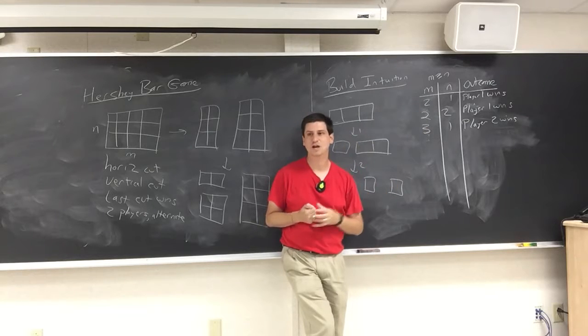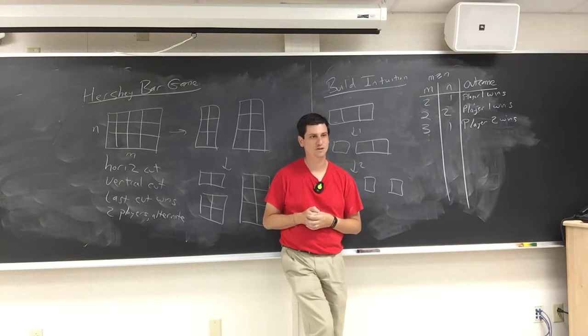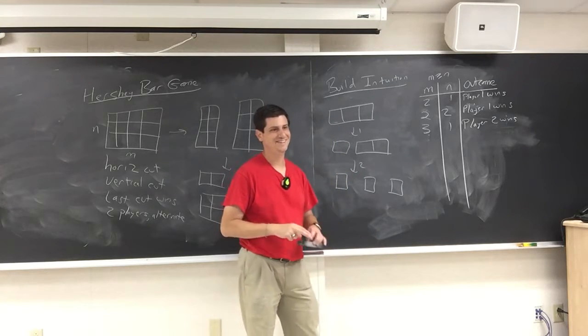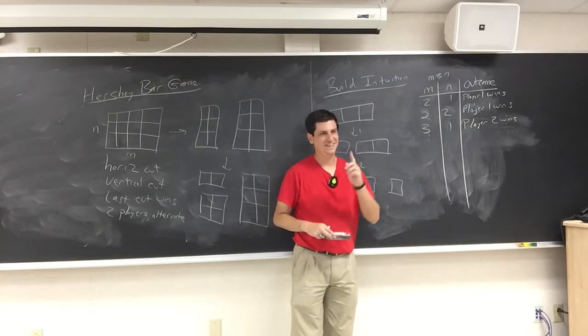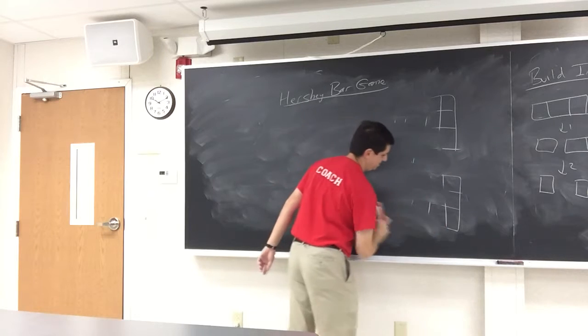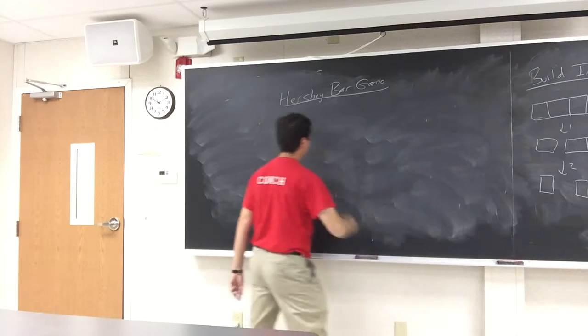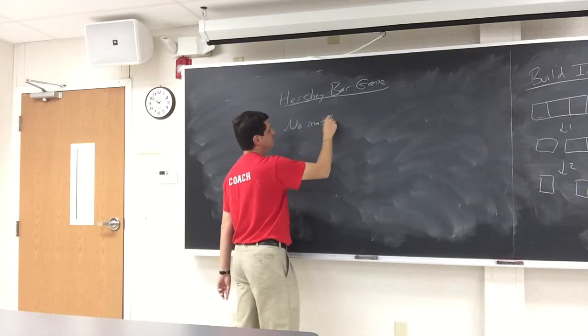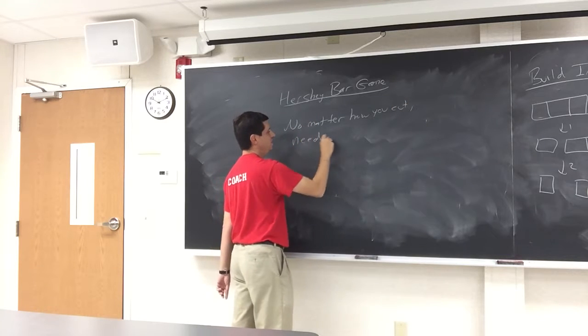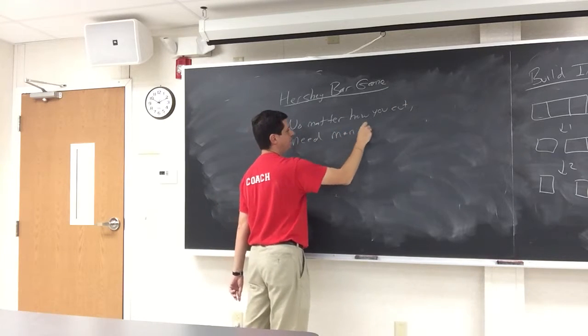So let's imagine, in the interest of time, we've done that. Anybody want to give me a guess as to how you would prove that if the product is even, you win? If the product is odd, the first person loses. I think there's some proof that it takes n times n minus 1 cuts. Yes. So that's an outstanding conjecture. No matter how you cut, you need m times n minus 1 cuts.